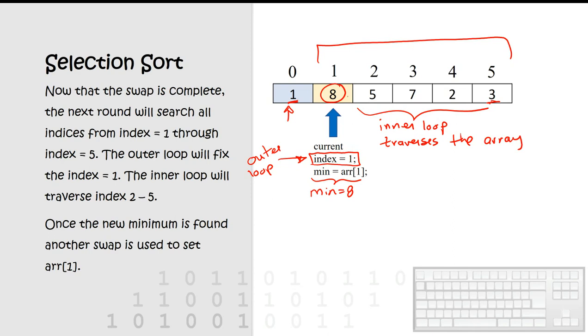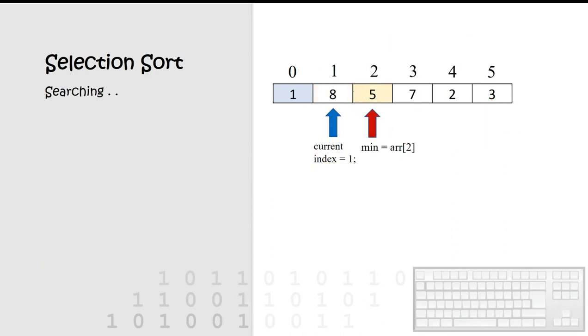So on our first iteration, we're going to say, is 5 less than 8? Yes, it is. So immediately the new minimum is set. The minimum is equal to 5, and the index 2 is recorded. So we'll say let j equal 2 as it's going through the inner loop.